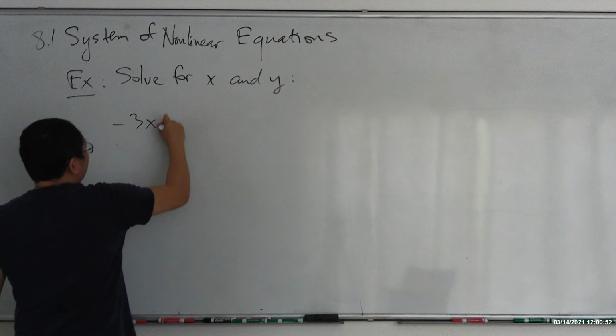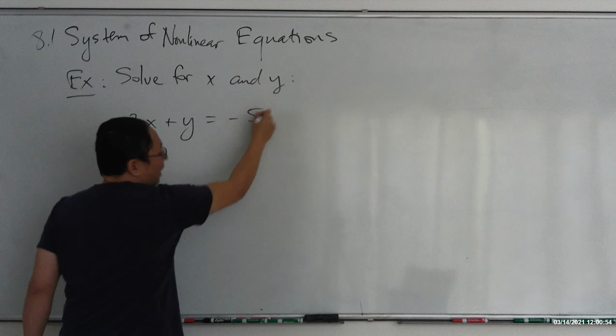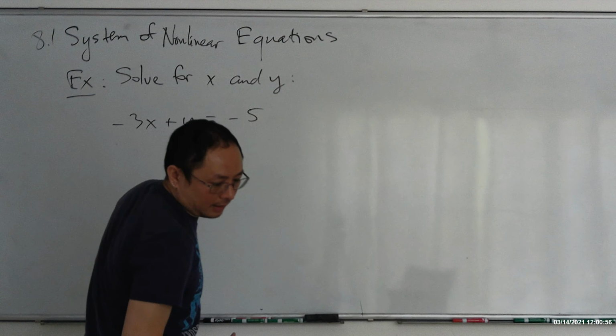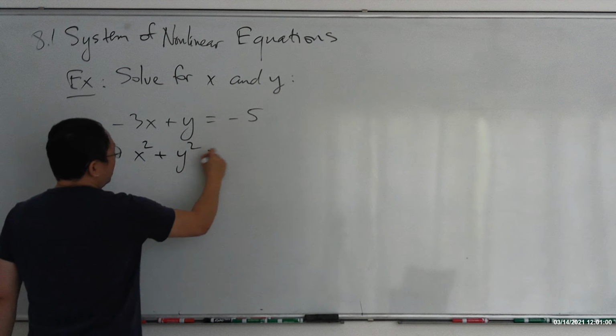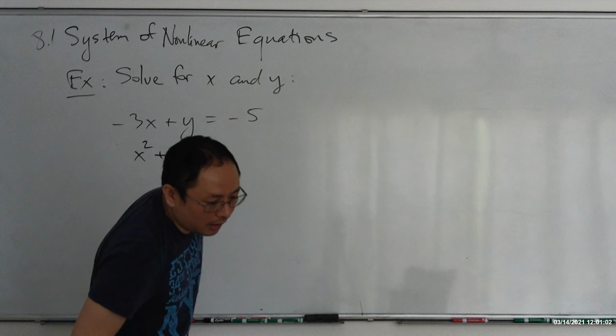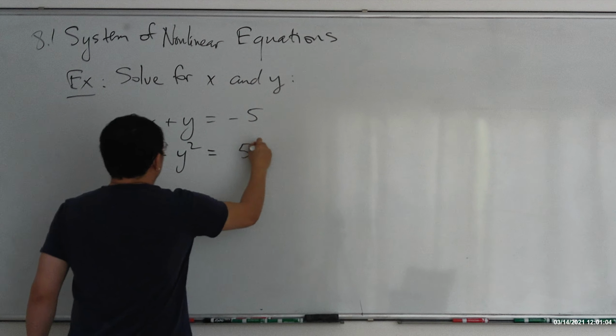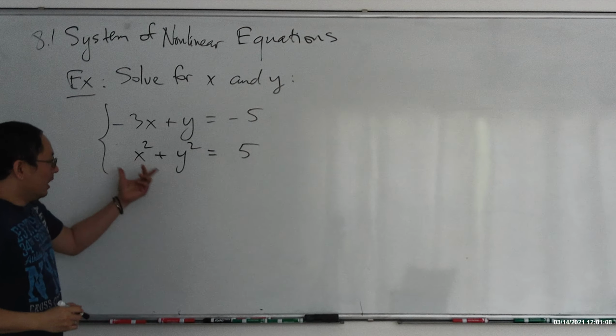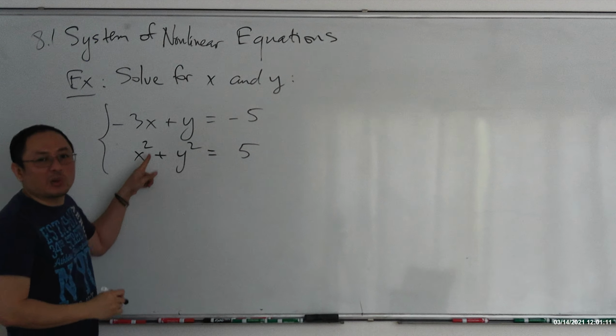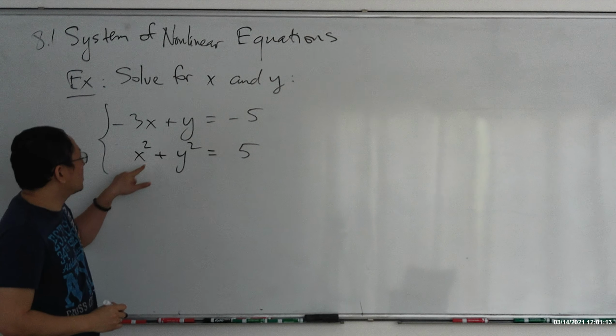Negative 3x plus y equal to negative 5. And then the second equation is x squared plus y squared equal to 5. And you see that this system is nonlinear because the second equation right here, we got x squared, right? Power 2. We don't just have a single x.